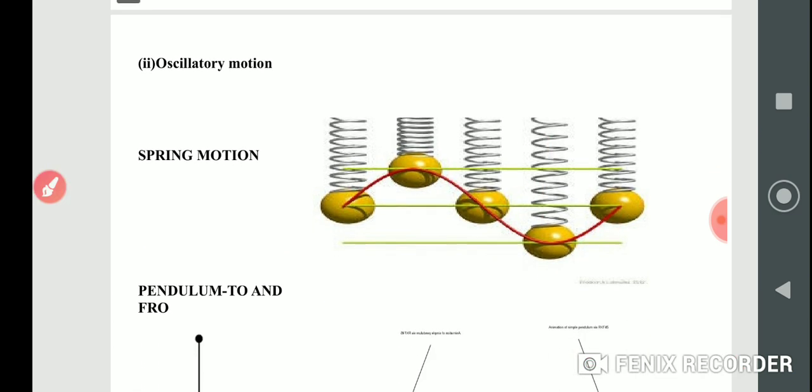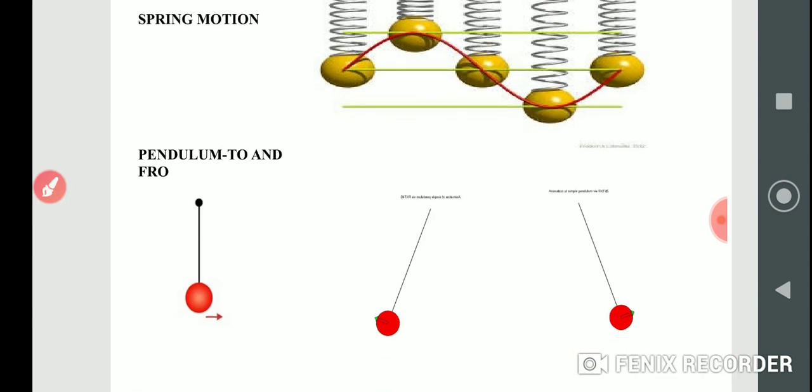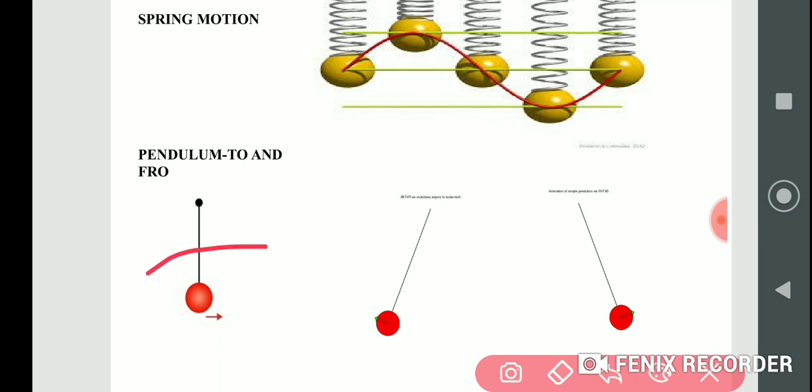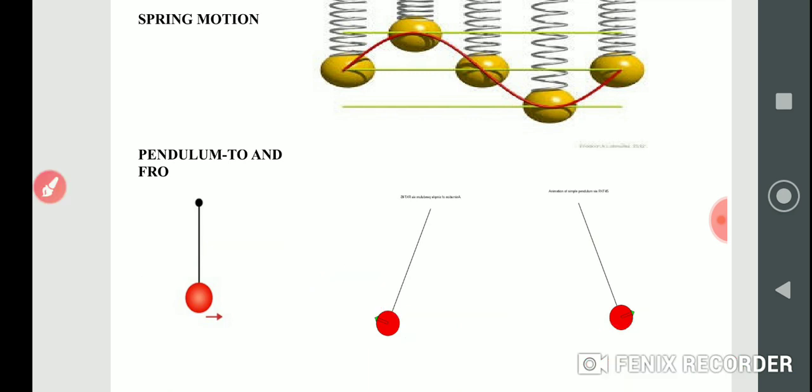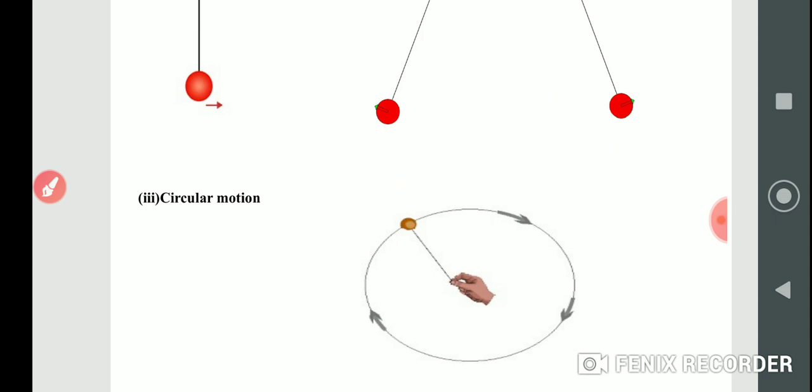Take another example of oscillatory motion, a simple pendulum. In the first case, this is the mean position of the simple pendulum. If we displace this pendulum a little bit, then it will move to and fro. That type of motion is called oscillatory motion. Our last type of motion is called circular motion.